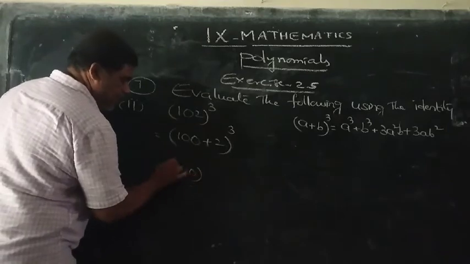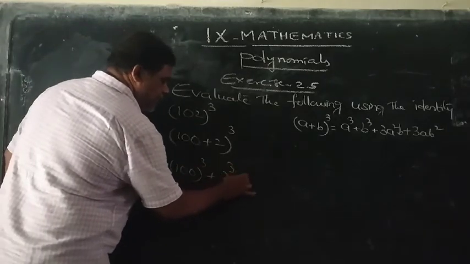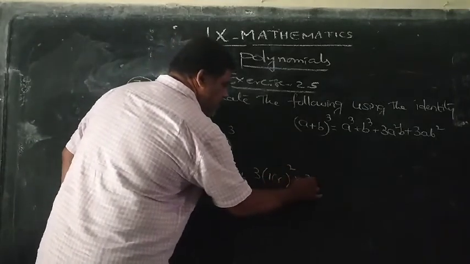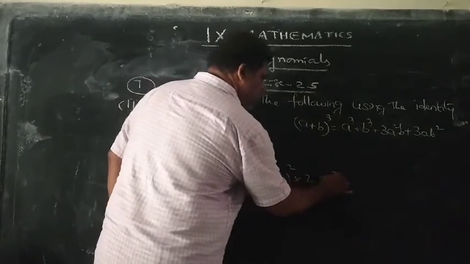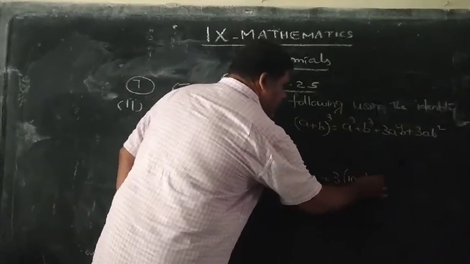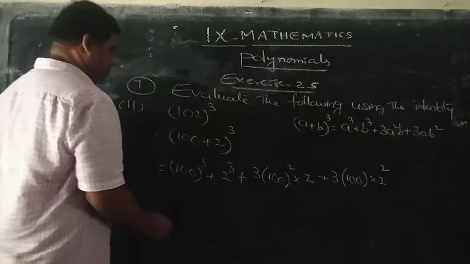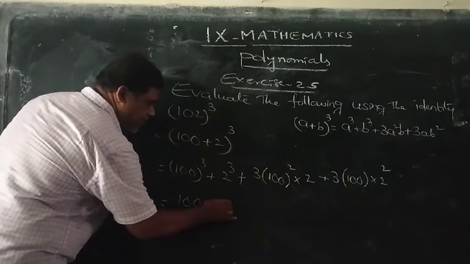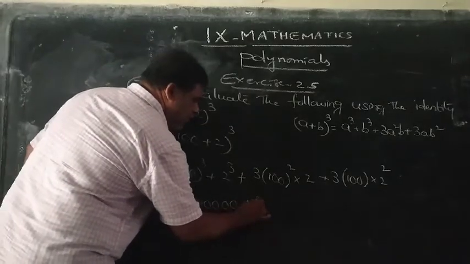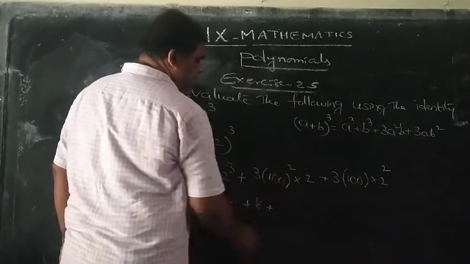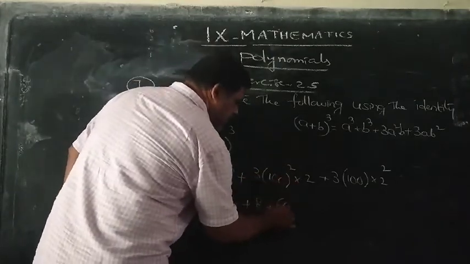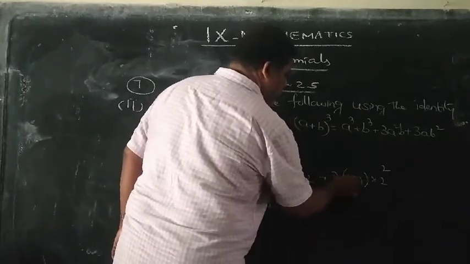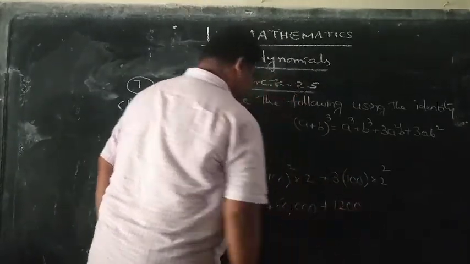So a cube plus b cube plus 3a square b, 3 into 100 square into 2, plus 3ab square, that is 2 square. 100 whole cube means 10 lakh, that is 6 zeros you have to keep. 2 cube is 8. 100 square is 10,000 into 6, it is 60,000. Plus 4 3s are 12 into 100, 1200.